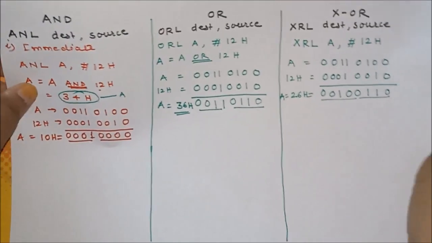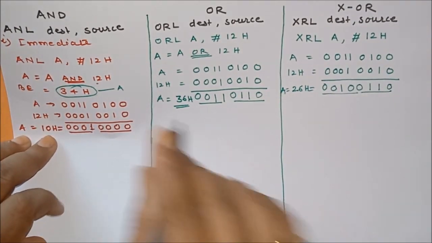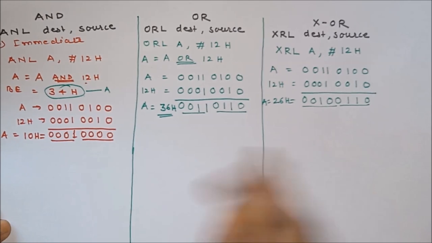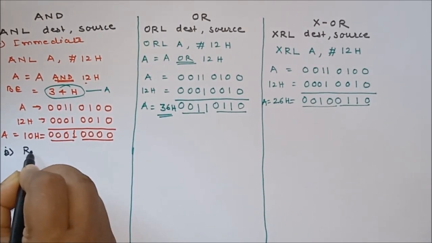So this is an example of immediate addressing mode. Similarly, we can write these instructions in all other addressing modes. The second addressing mode is register addressing mode.